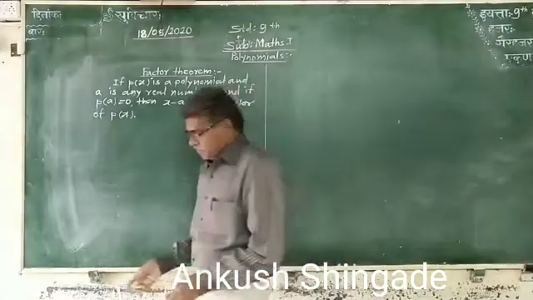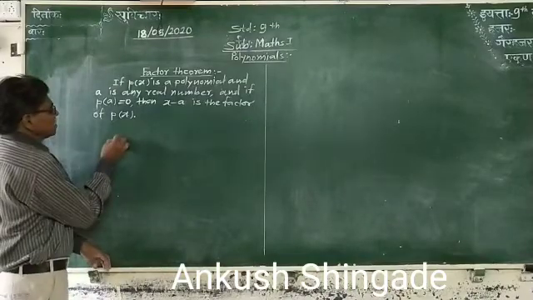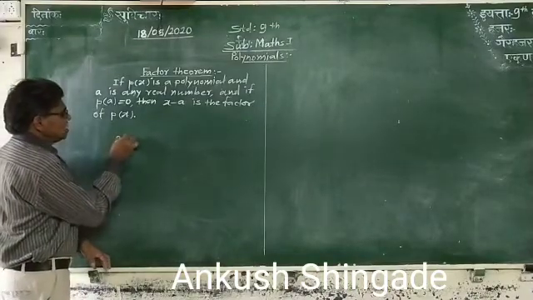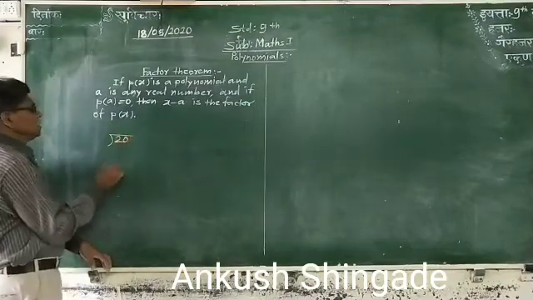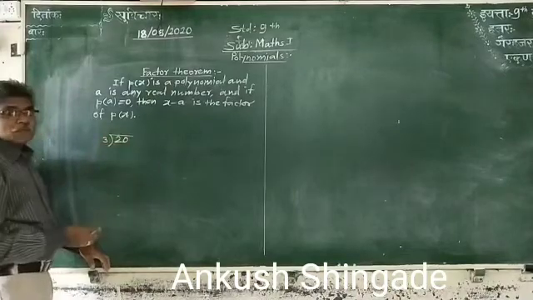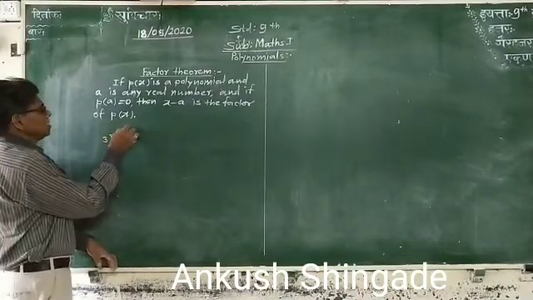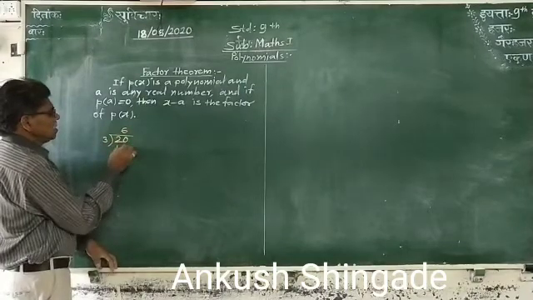Students, you know, suppose the number 20, if we divide 20 by 3, then 3 into 6 are 18.